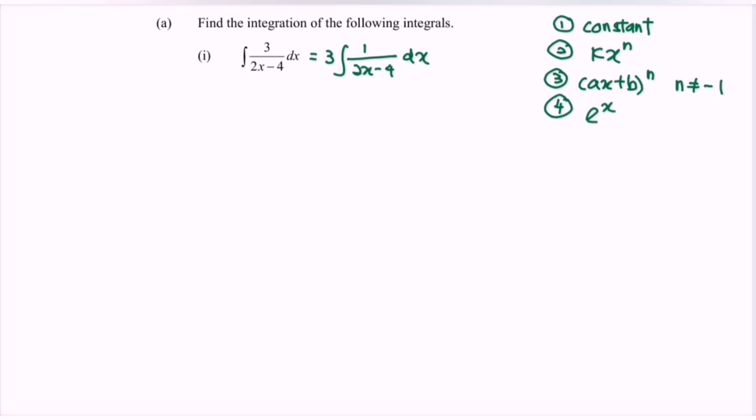The answer is no. Number 5, is that a reciprocal function, power of n, where n is equal to 1? The answer is yes. So by making use of the direct method, number 5, we have 3 ln(2x - 4) plus c. Then do remember to differentiate the function, where we have 2. So here we have 3 over 2 multiplied with ln(2x - 4) plus c.